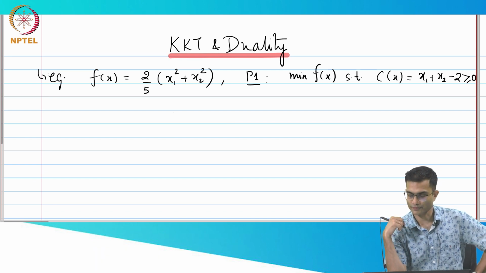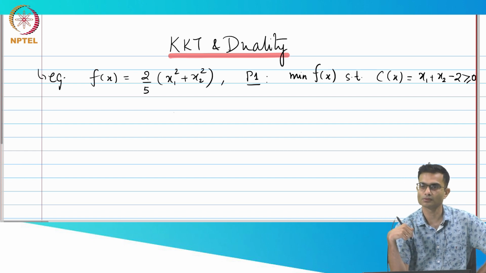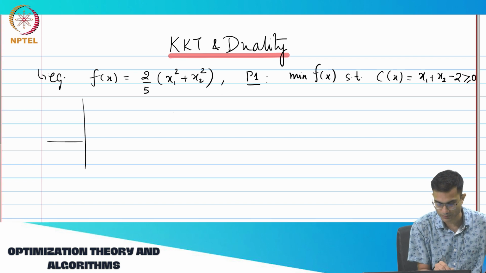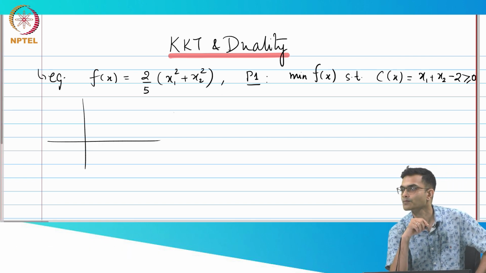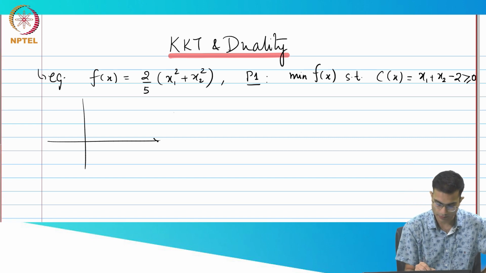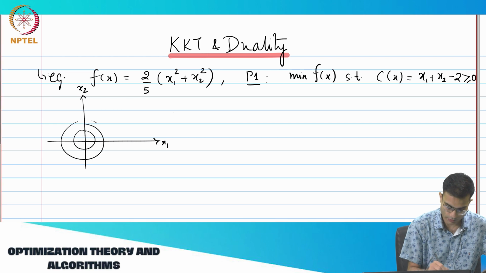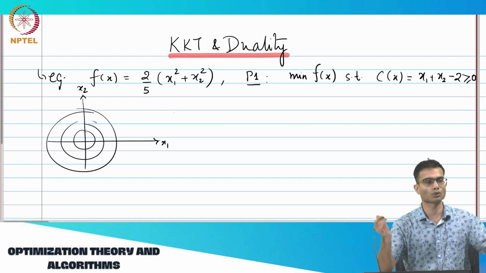So as before, I've taken a simple enough problem that we can visualize the problem and the solution in one shot, right? So what are the contours of this cost function? Circular in the x1, x2 plane. So if I take this as x1, x2, these are like this, right? And they are increasing outwards. So in 3D, this is like a bowl, right?